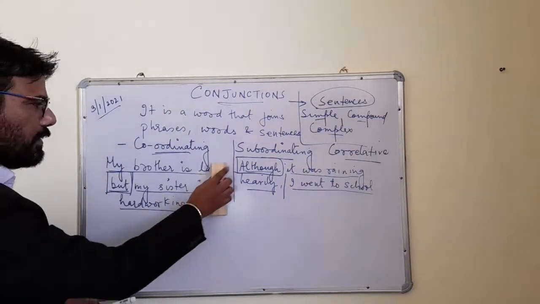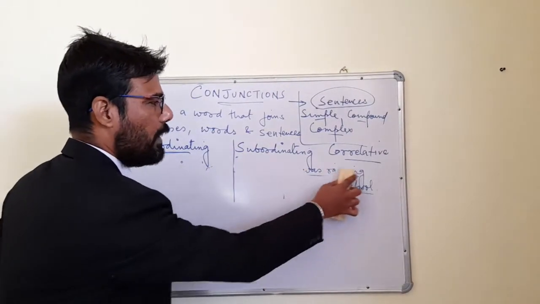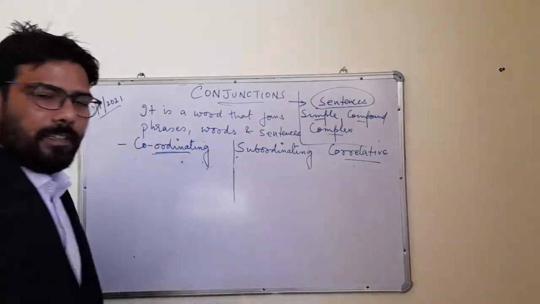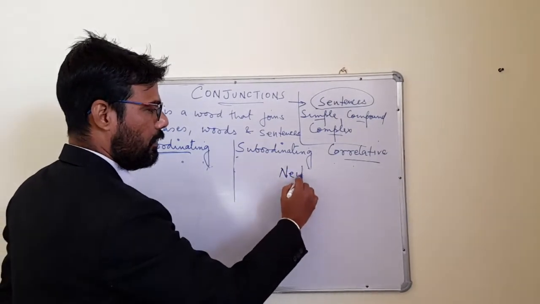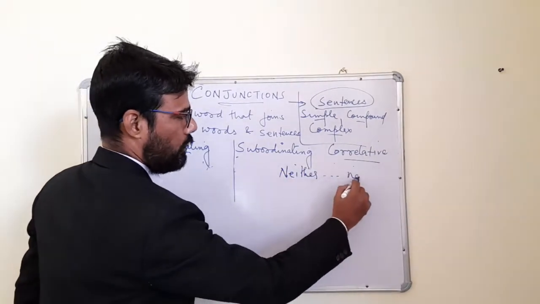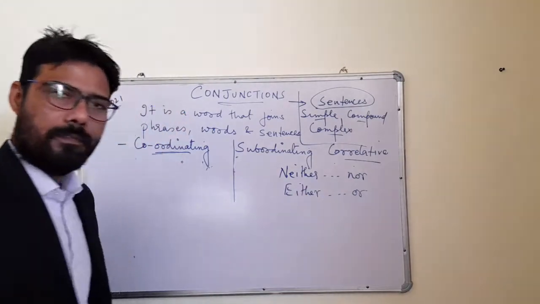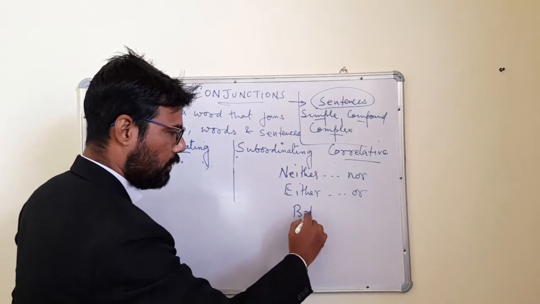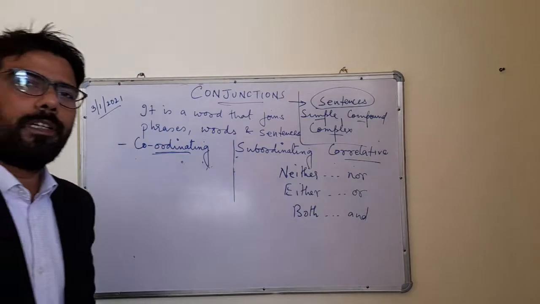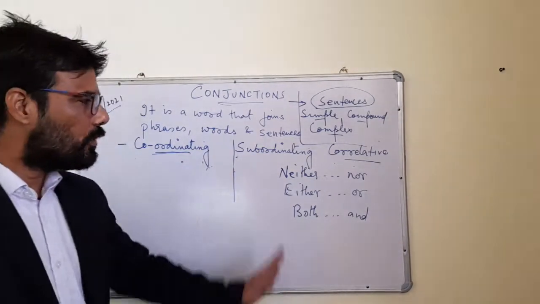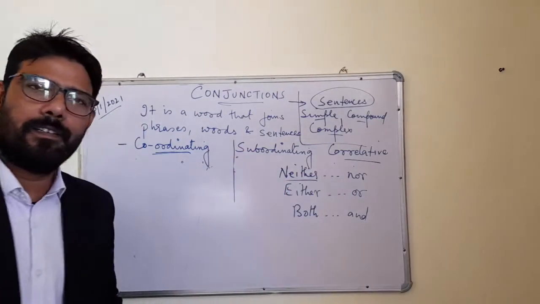Now, what about my correlative conjunction? Children, many times we use words like neither... nor, either... or, both... and, no sooner... than. These are correlative words, meaning you cannot use just one word.